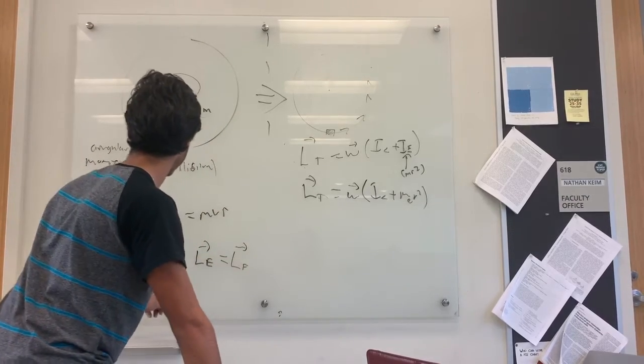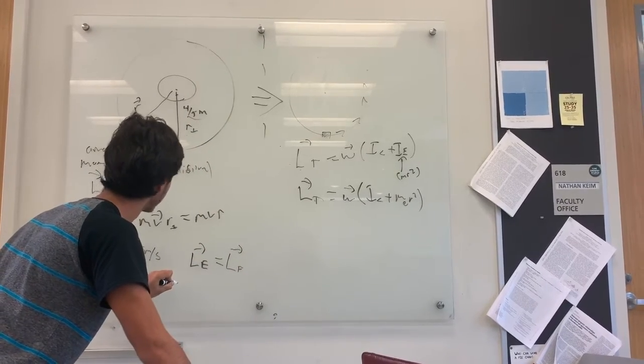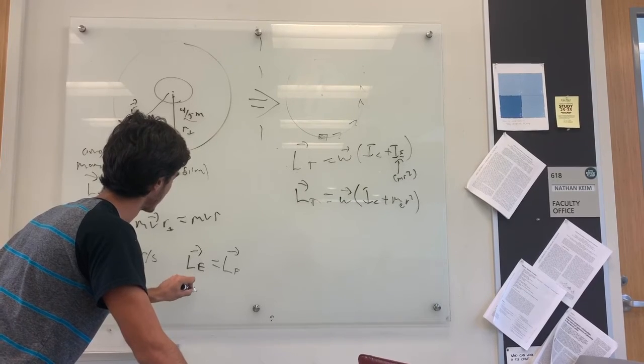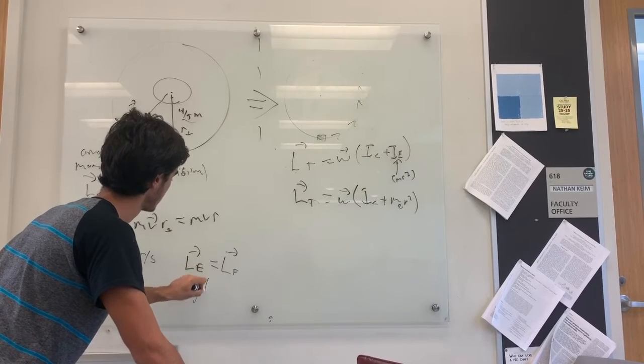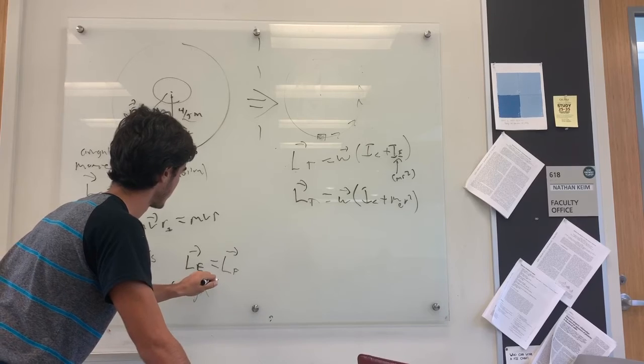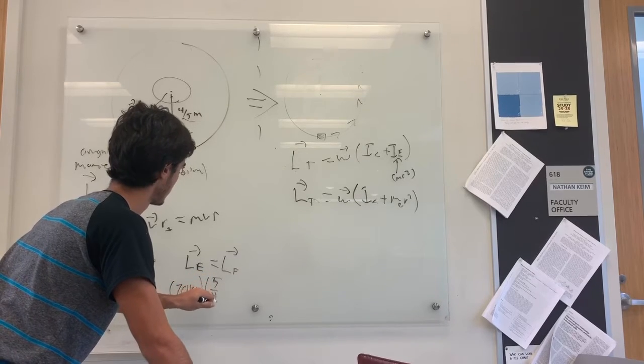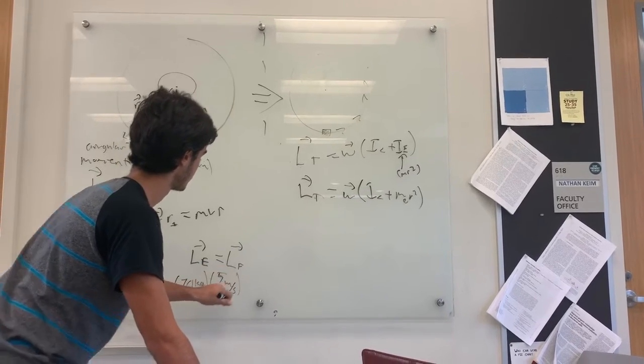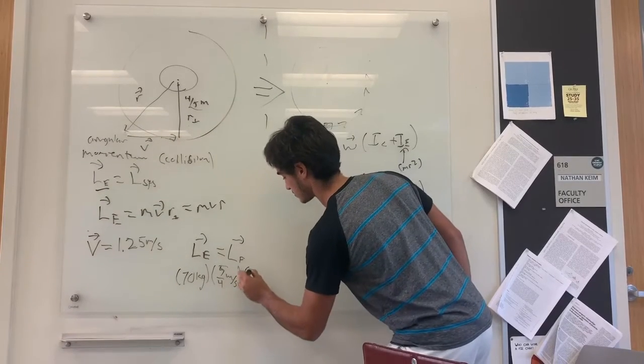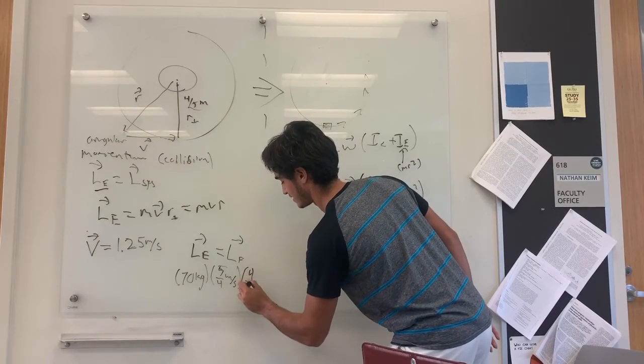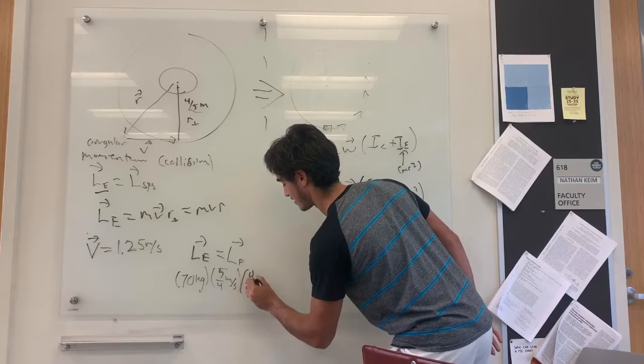And that's equivalent to mvr, which is 70 kilograms for Evan's mass, times the velocity, which is 5/4 meters per second, times the radius, which is 4/5. I like that because it cancels out.